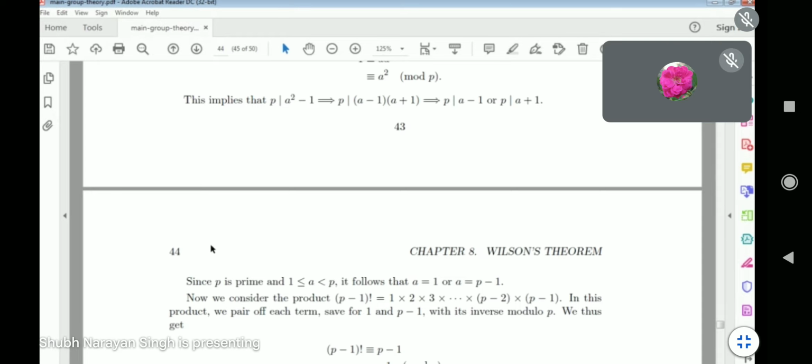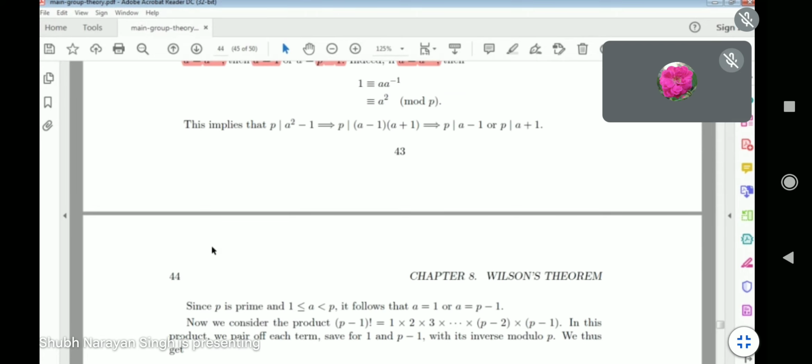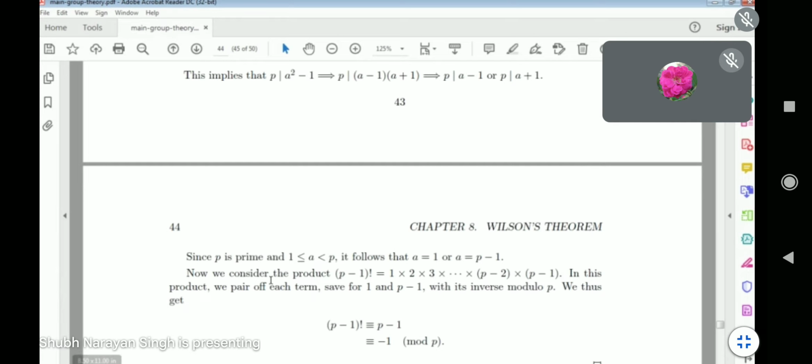Now, after verifying my claim, I come to the next step and I consider this product, P minus 1 factorial, and I write each term. What is the meaning of P minus 1 factorial? This is nothing but the product of these P minus 1 terms from 1 to P minus 1. So I write here 1, 2, 3, 4 and so on.